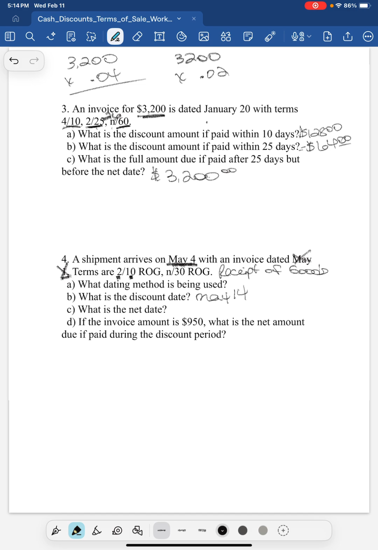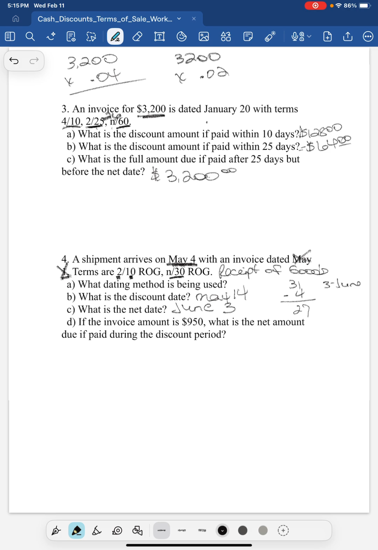So you have 31 days in May, and you're 4 days in. So let me make sure I'm telling you correctly. That means 27 of the 30 days are taken up within May, so you're going to get 3 days into June before it's due. So your net date is going to be June 30th, okay?